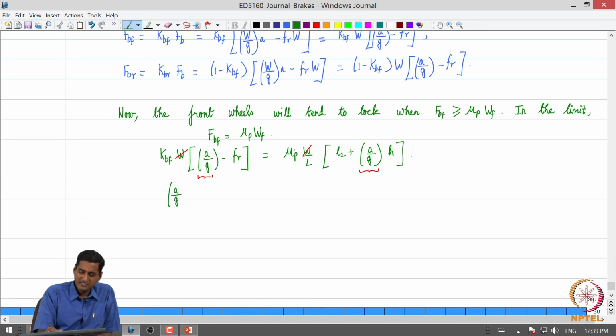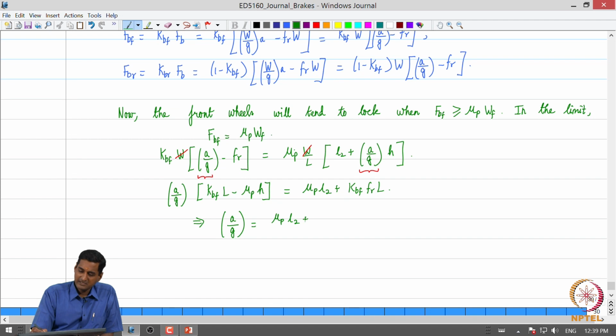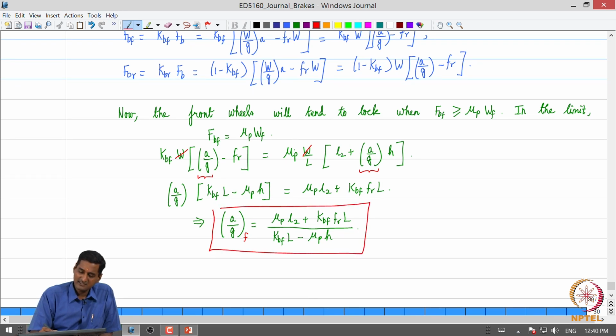So, what we will get is the following. If I take A by G common, I am going to get KBF L minus mu P times H, that is going to be equal to mu P L2 plus KBF FR L. I am just rearranging the terms. Then we will have A by G equal to mu P L2 plus KBF FR L divided by KBF L minus mu P H. This we will put a subscript F. What does this expression give me?